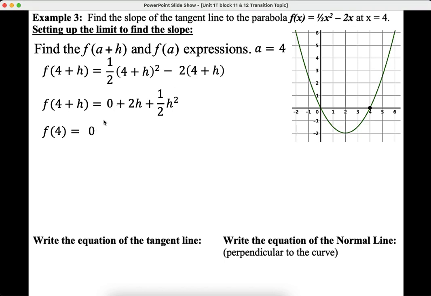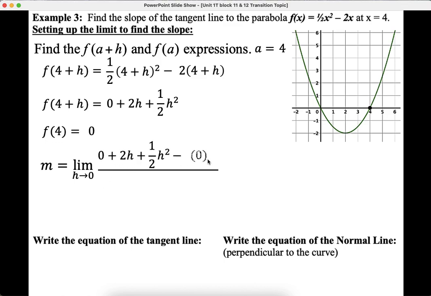So notice, this is interesting, we have a 0 here and a 0 here. I'm keeping the zeros for just a moment. So I'm going to put the 4 plus h here, minus the 4. I know it looks a little hokey, but I want to stress that these two numeric values should be the same, and they are. They just happen to be 0.